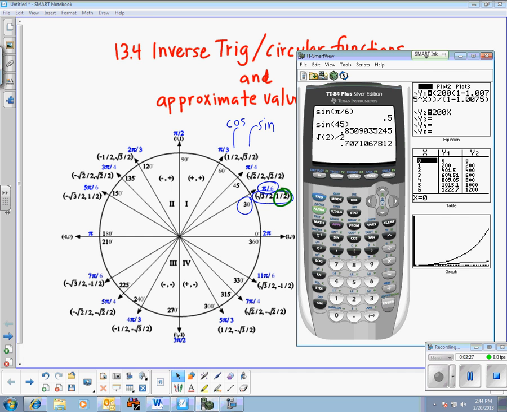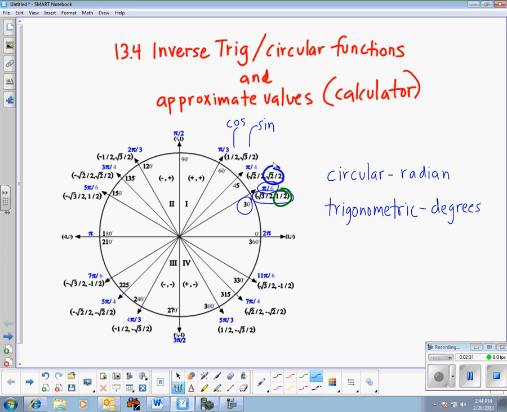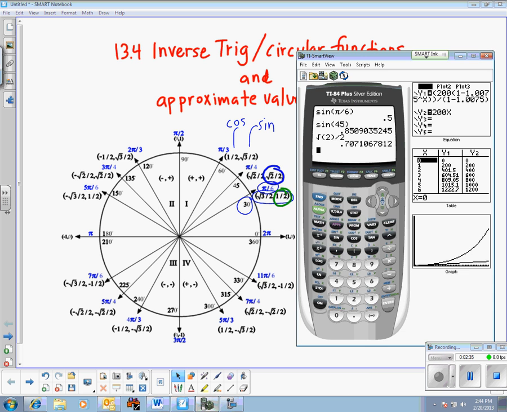So what went wrong? I was looking for this number right here, the sine of 45. The problem was my calculator is in radians. So the number that I found right there is the sine of 45 radians. And where in the heck is 45 radians? Well, if you go all the way around the outside edge of this circle, you've gone 2 pi radians, and 2 pi is about 6.3-ish, to be a little bit more precise.